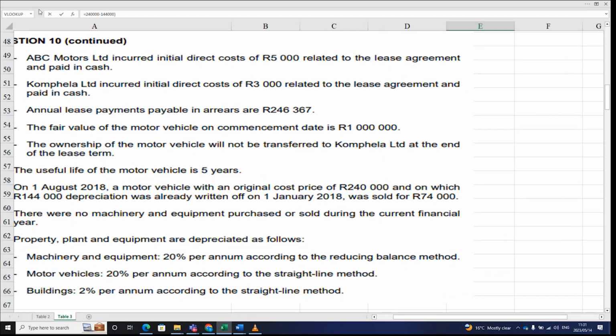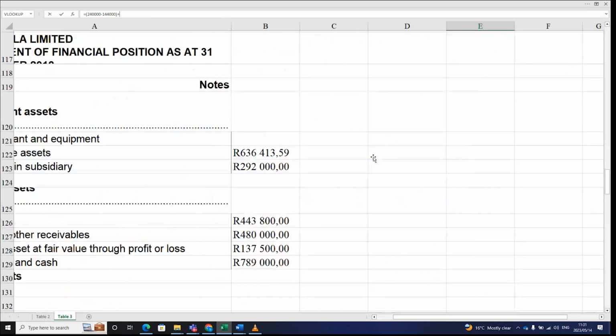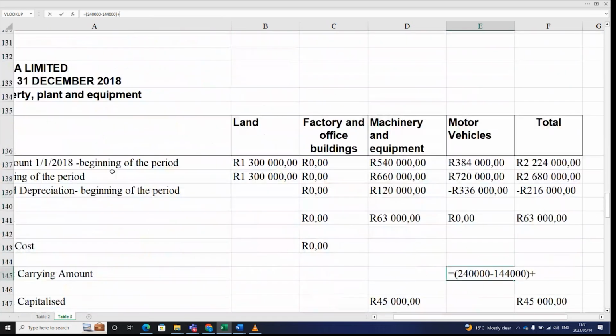So then motor vehicles are depreciated at 20% per annum according to the reducing balance method. Okay. So now we add, just come here so that you just see the numbers. So that is the 240,000, which is the cost. This is the 144,000, which is accumulated depreciation as at 1 January 2018, beginning of the year, right?